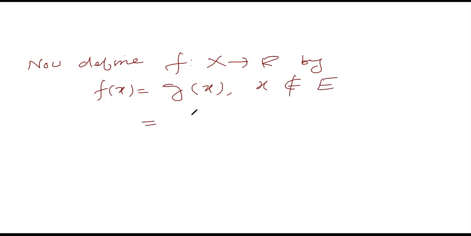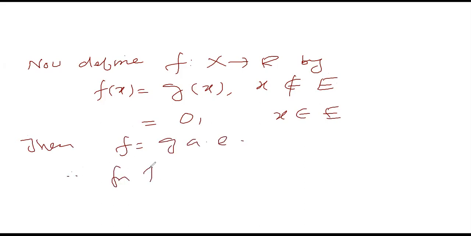But if x is in E, then g of x is infinity, so I will take f of x equal to 0 if x is in E. Then f is equal to g almost everywhere. So therefore f_n increases to f almost everywhere. This f_n is a sequence of upper functions because it's non-negative and it increases to f, which means f is also an upper function. That means f is an integrable function.